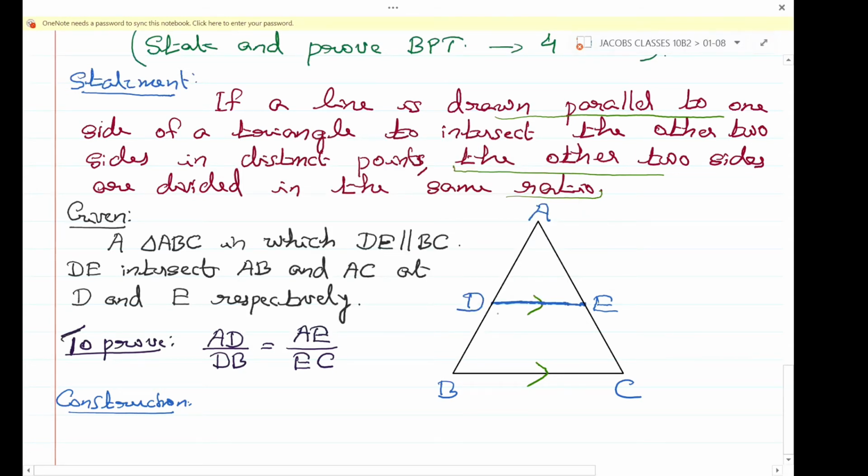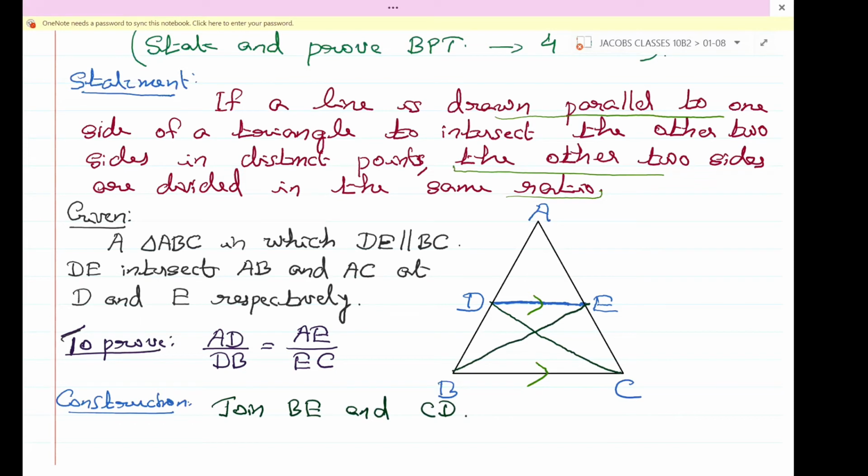Join BE and CD. So we'll join this one, BE, like this, and CD, this one. We'll join this in your diagram, and you will write here: join BE and CD.